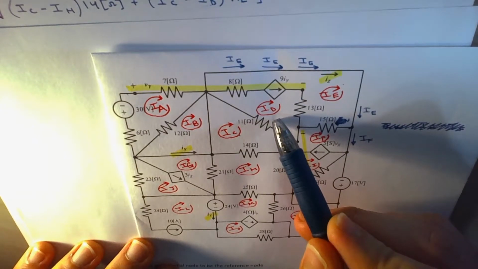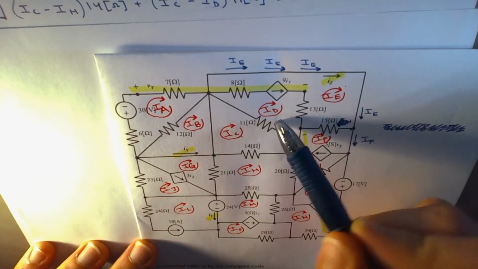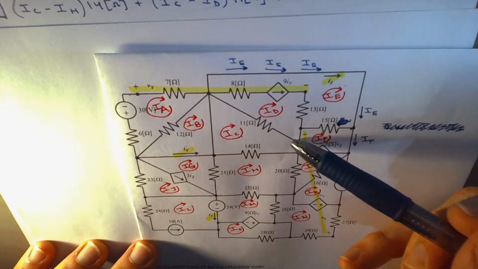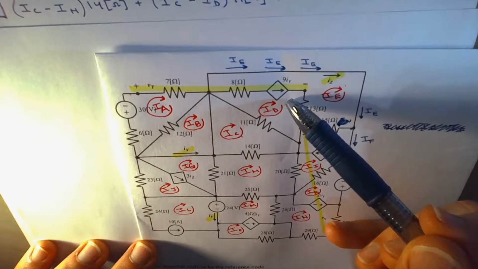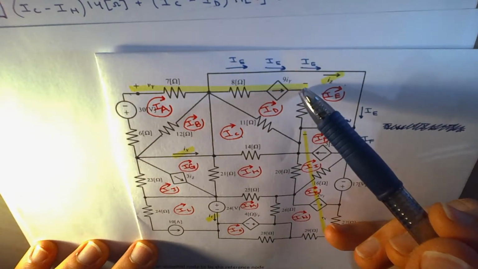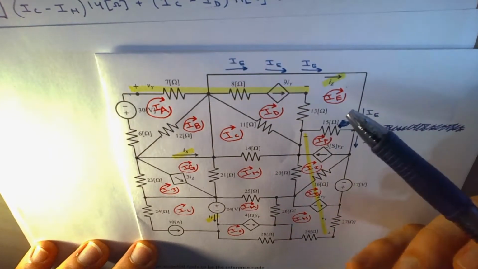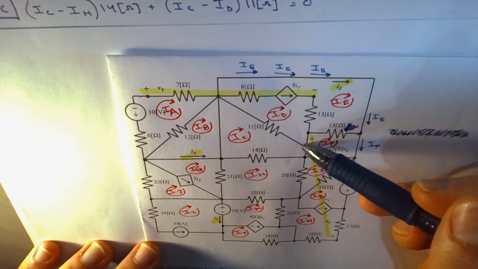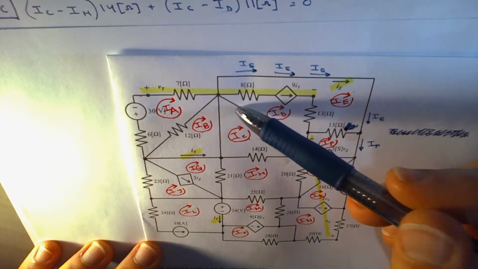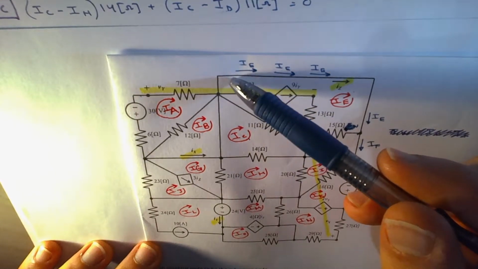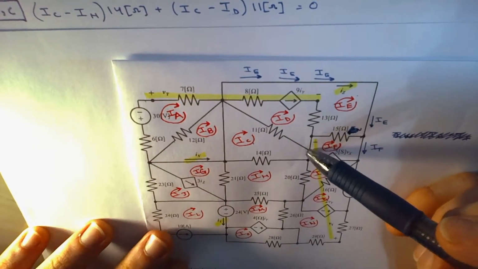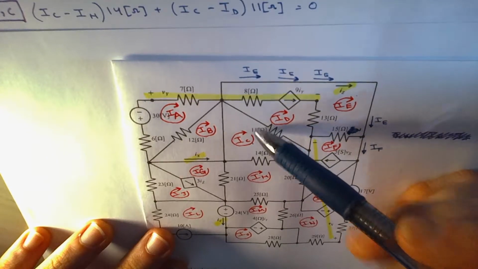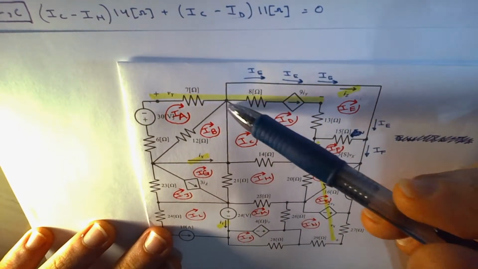Now, when we do KVLs, remember I said that we do not want to introduce any new variables. So we could do this KVL, but we're going to get to this current source, and we don't want to have to define a new voltage across this current source for our KVL equation. So instead, just like we did in node voltage method, where we take two closed surfaces on two different nodes and put them as one, here we're going to do our KVL equation around both of these meshes.